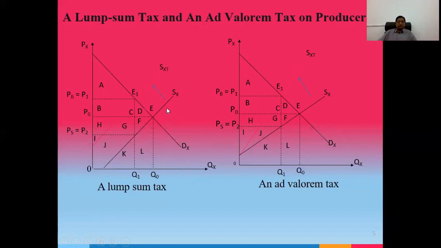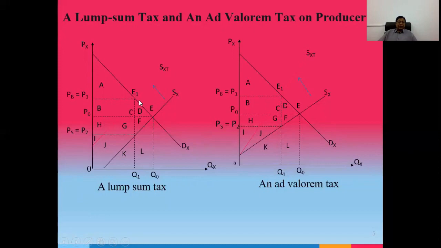Now let us assume that government imposes a lump sum tax on this commodity. As a result, supply curve shifts leftward by the amount of tax because cost of production increases with the imposition of lump sum tax. That is why supply curve shifts to the leftward by the amount of tax.